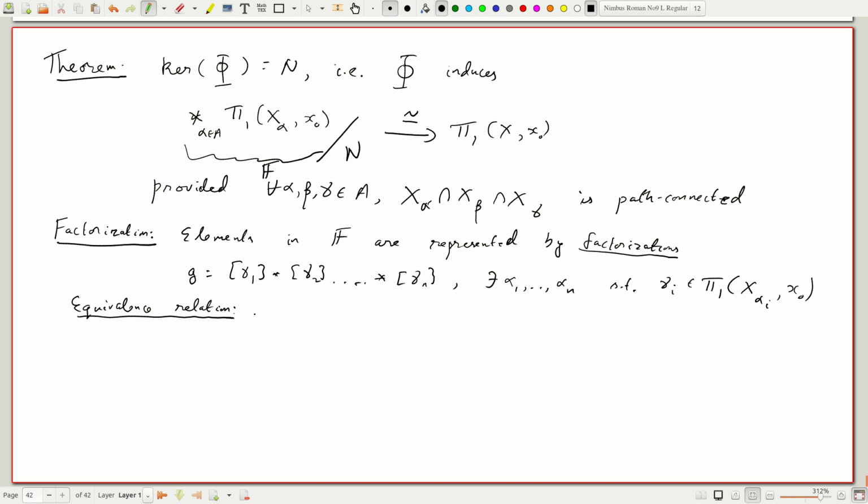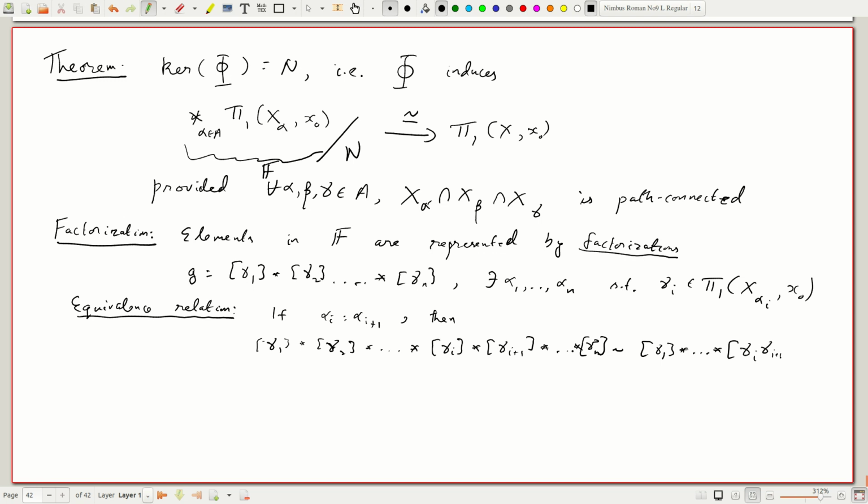And there is one more point, which is we have to take care of N. So the first point of the equivalence relation is that if alpha i equals alpha i plus 1, where the alphas are the indices, then gamma 1 star gamma 2 star ... star gamma i star gamma i plus 1 star ... star gamma n is equivalent, as you would expect, to gamma 1 star ... star, and then the product gamma i gamma i plus 1 written in this way.